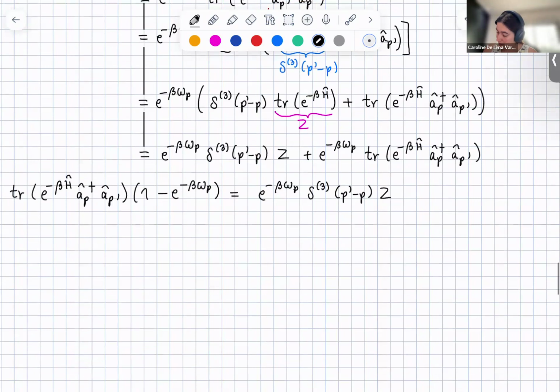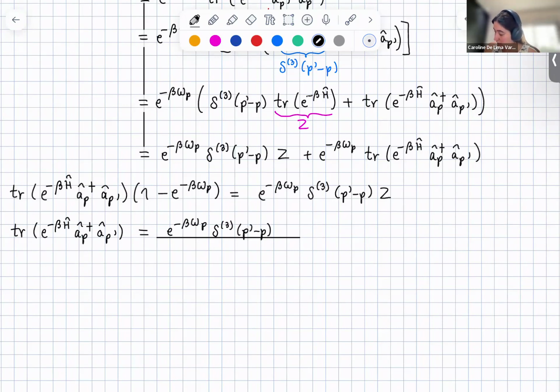And then in conclusion, what we find is that the trace of e to the minus beta H times a_p dagger a_p' is equal to e to the minus beta omega_p delta 3 of p' minus p times that, over 1 minus e to the minus beta omega_p.